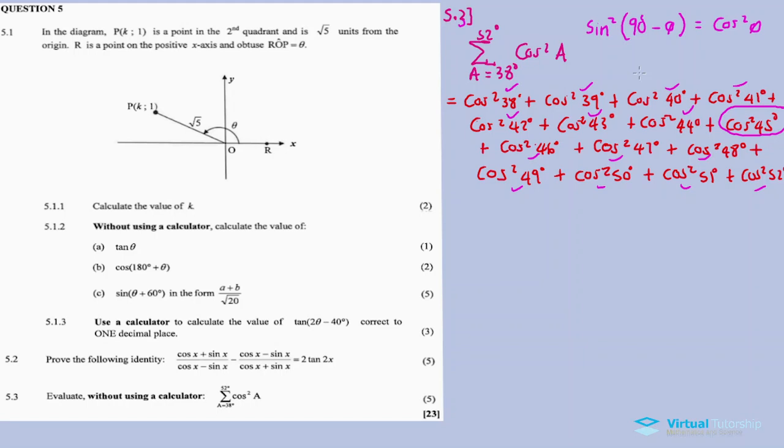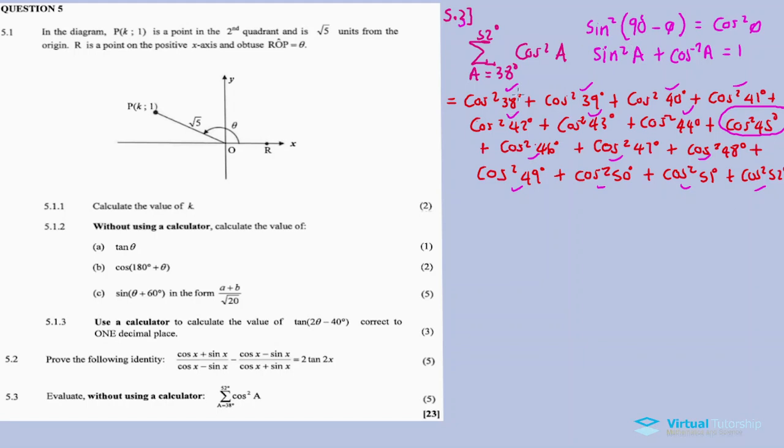And then I need to reduce to 1 because of this identity: sine squared a plus cos squared a gives us 1. So therefore before 45 degrees I want to change the cos squared to sine squared, right?